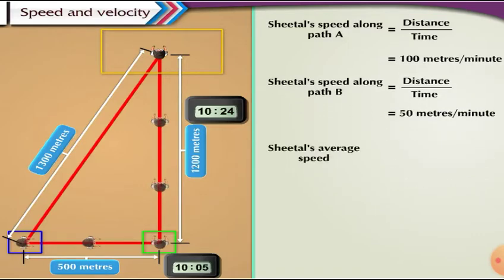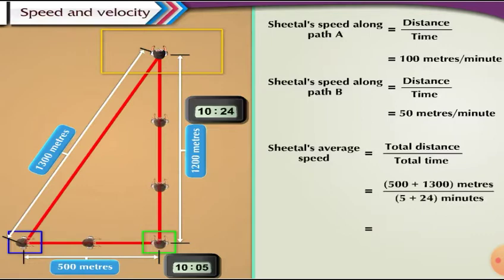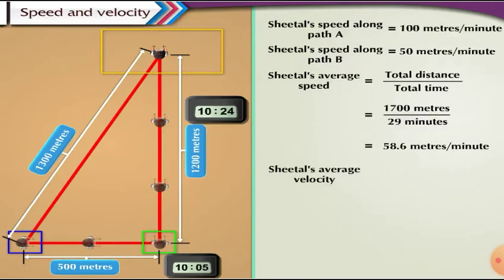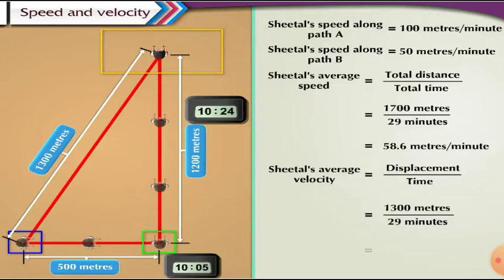Sheetal's average speed equals total distance upon total time equals 1700 meters divided by 29 minutes equals 58.6 meters per minute. Sheetal's average velocity equals displacement upon time equals 1300 meters divided by 29 minutes. That is, Sheetal's average velocity is 44.83 meters per minute.